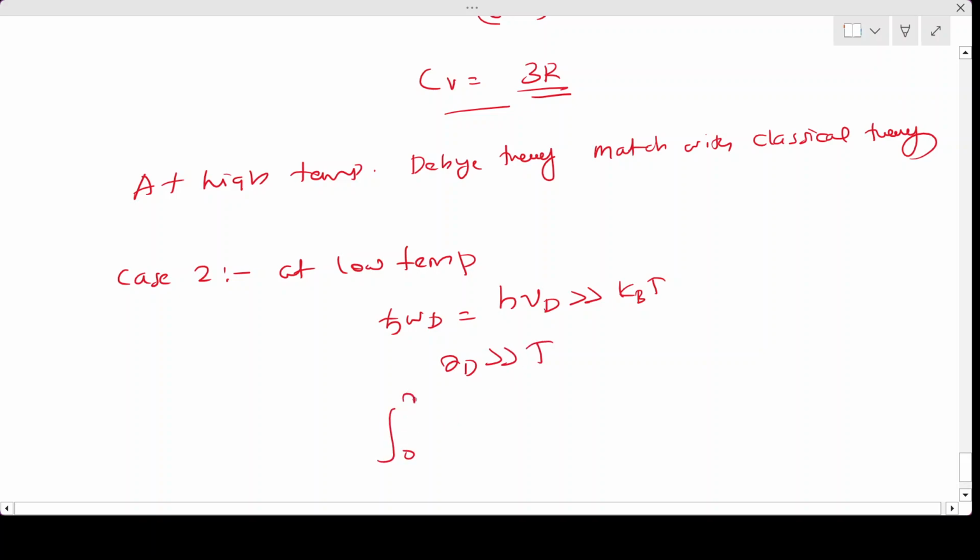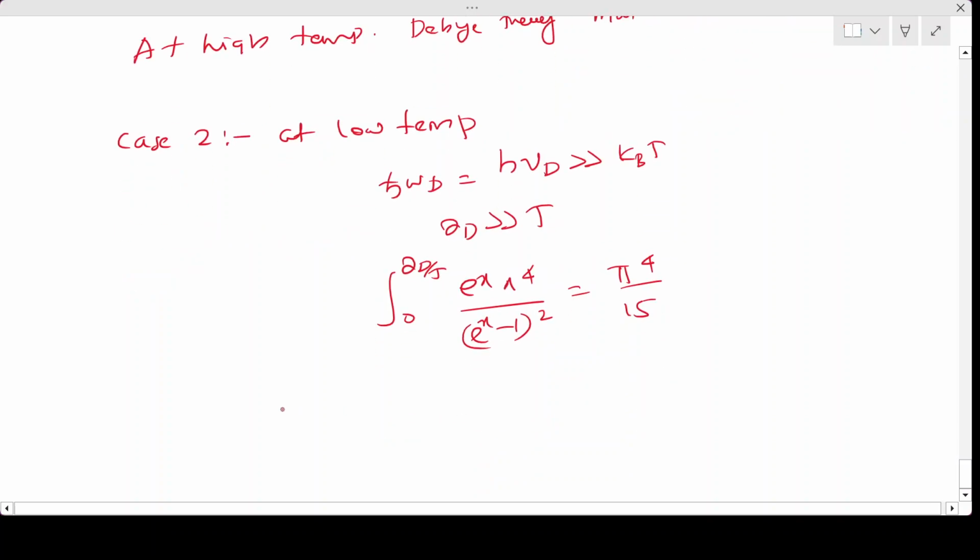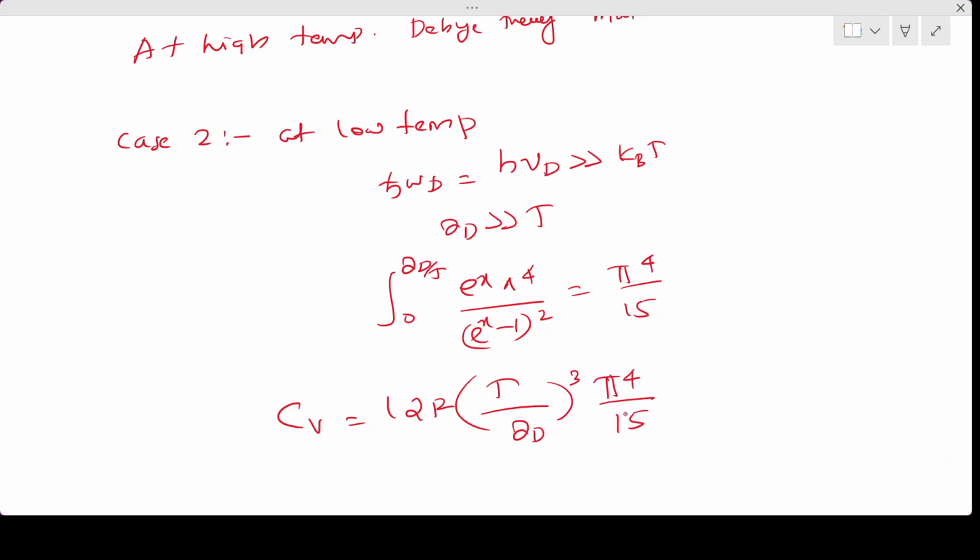So in this expression, the integral of e raised to x, x raised to 4 divided by (e raised to x minus 1) square will be equal to pi raised to 4 by 15. If you substitute that into CV, you get CV equal to 12R pi raised to 4 by 15 times (T by theta D) cube. So this is how the expression will be.